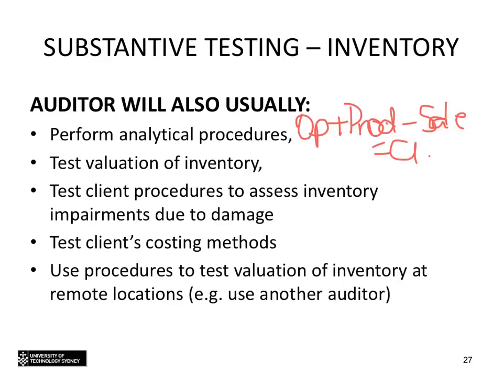I could take standard material usage, and if 1,000 kilos was supposed to make 1,000 units, then I would look at actual units produced. Oh, we only made 500 units. What happened to those others? Was there wastage? Was there theft? Has something gone on? So we can do lots of analytics to help us identify if there's something unusual.